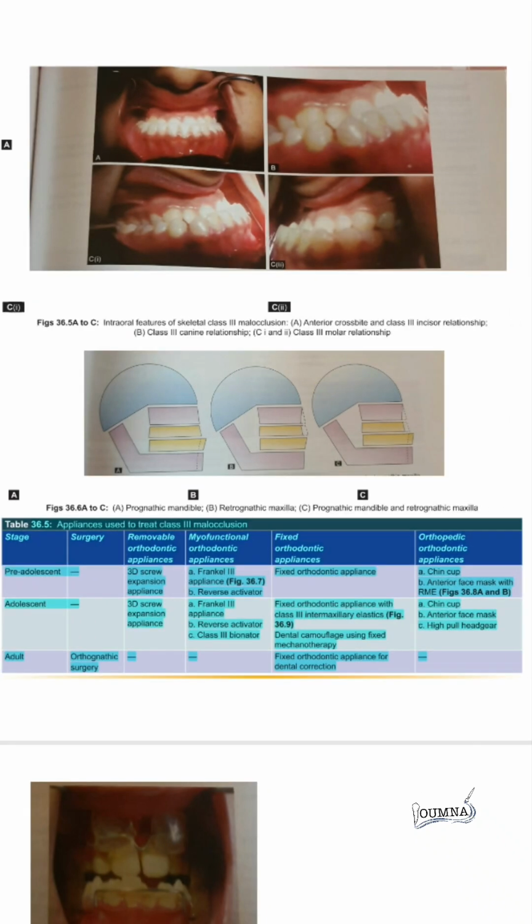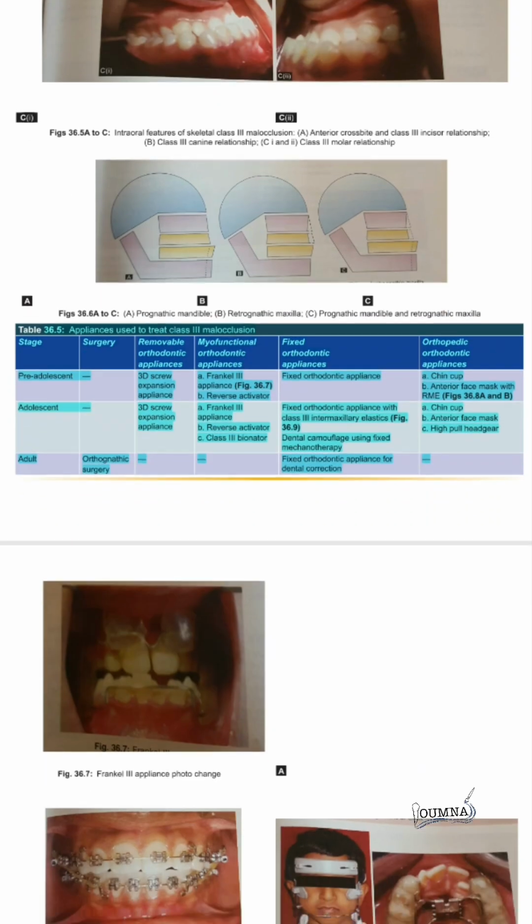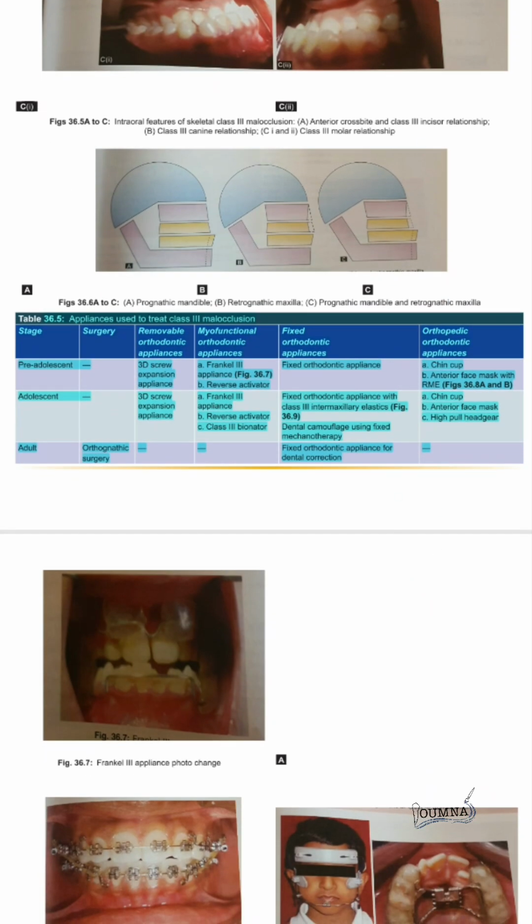The treatment of class 3 malocclusion depends on the phase, the time, and the type. If it is not skeletal, we are dealing with a dental class 3 malocclusion. In the pre-adolescent and the adolescent, there is no need for surgery.